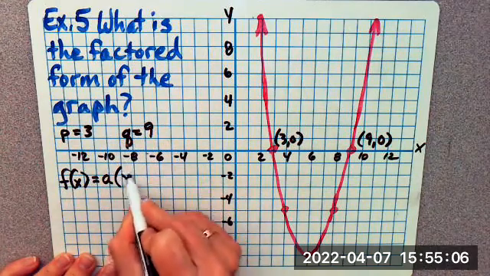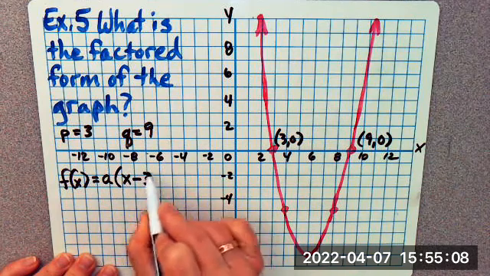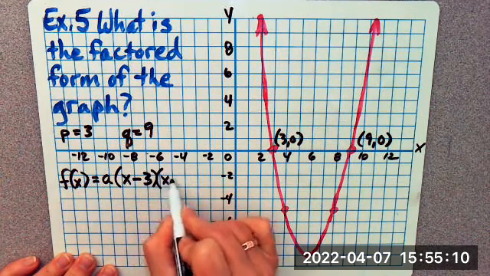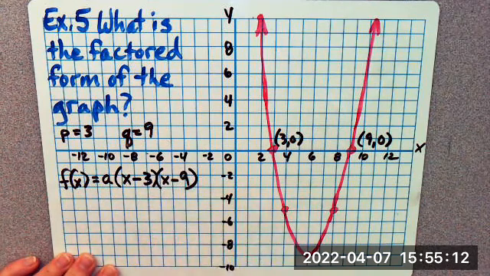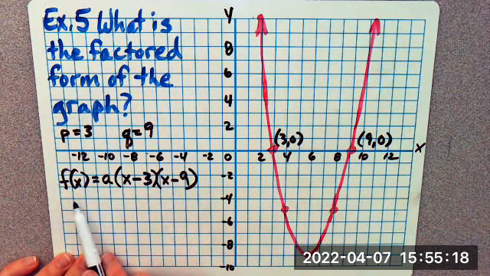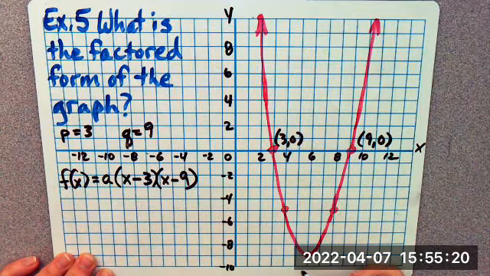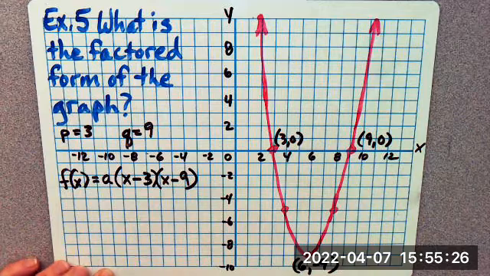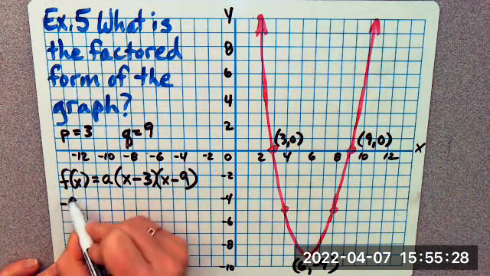So we can put x minus 3, x minus 9, like that. So now if we put some value of x and y in there that we know, which is this value, 6, negative 9. So our output's negative 9.